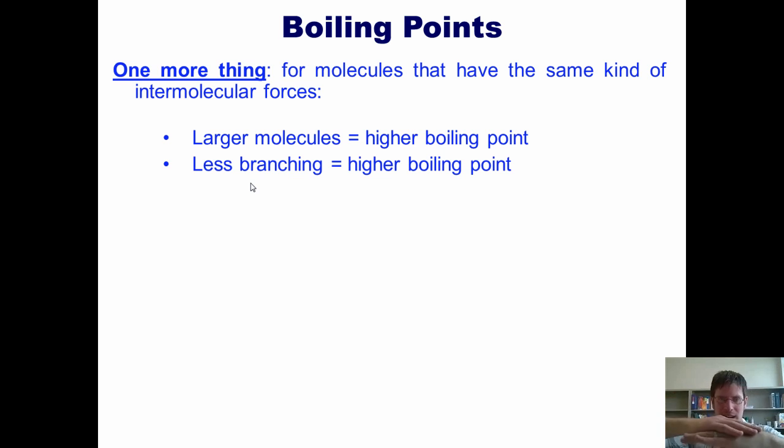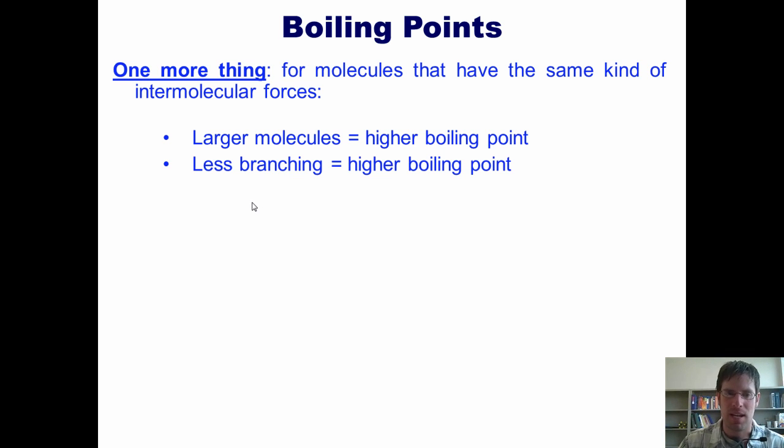If it's straight chain, it can stack a lot more tightly on top of itself, thus increasing the intermolecular attraction between those molecules and making it harder to boil them off. Now imagine I have an alkane that has branches in it. Because it's branchier, it's not going to be able to stack as tightly. Thus, it's going to have a lower boiling point.